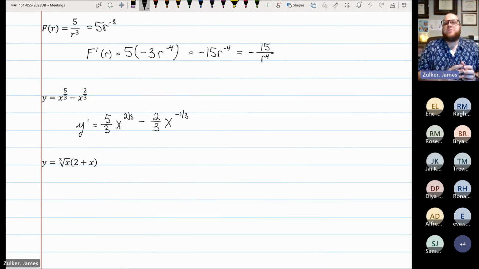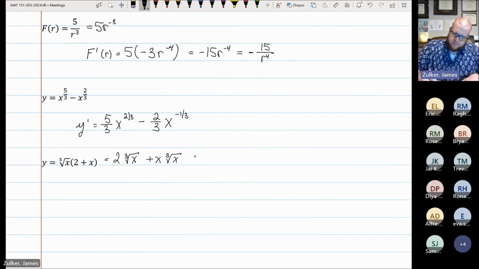So before we take this derivative, there's some preliminary work we have to do. First, we have to distribute that cube root of x through. Now we need to write this in terms of powers.